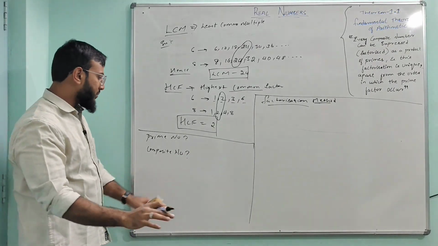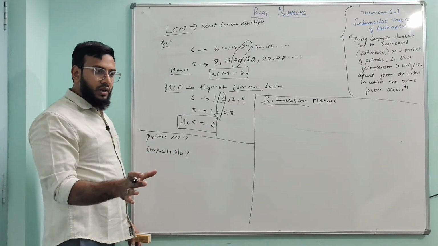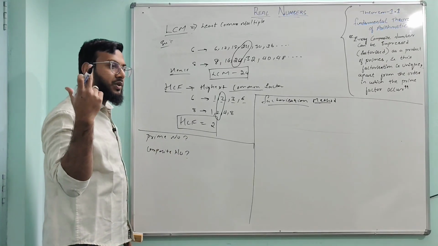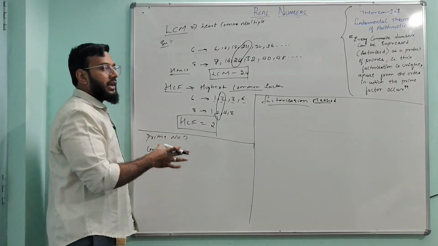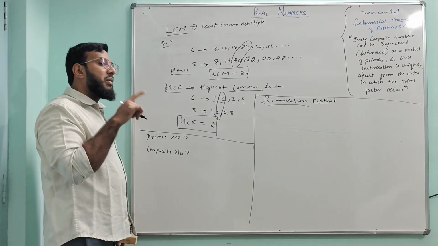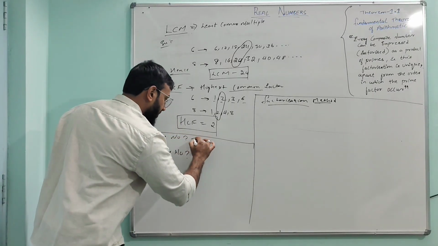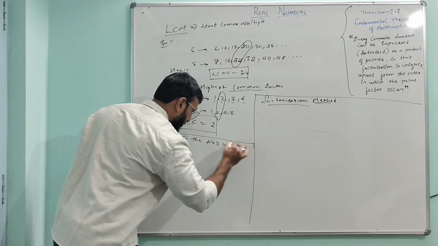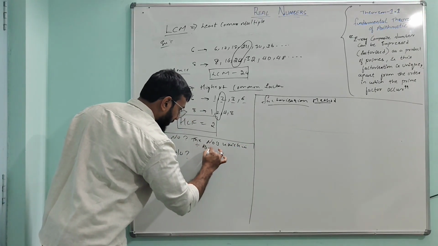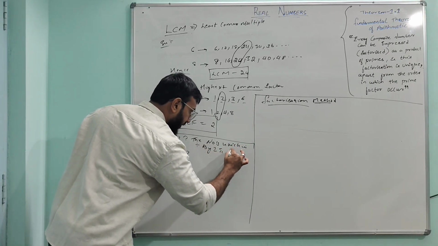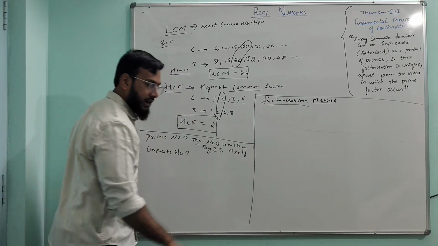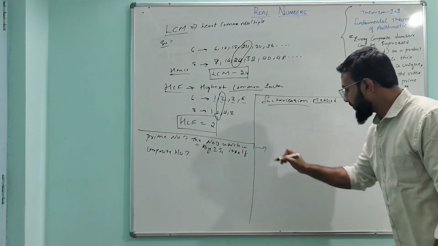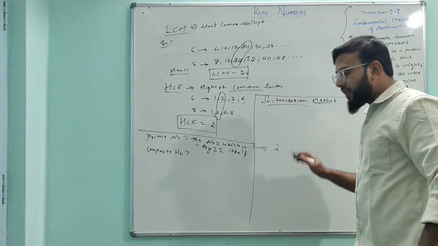It is simple. Prime numbers are those numbers which have only the factors 1 and itself. Or you can say prime numbers are those numbers which are divisible only by 1 and itself. Example: 2.